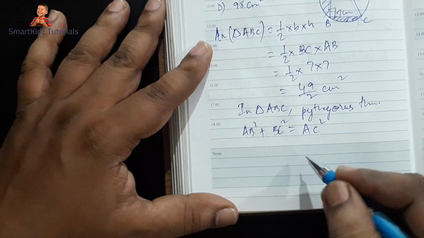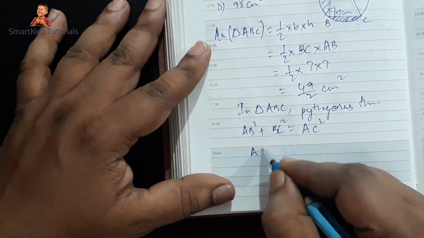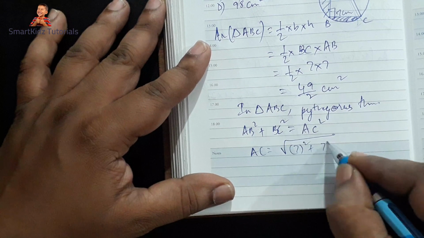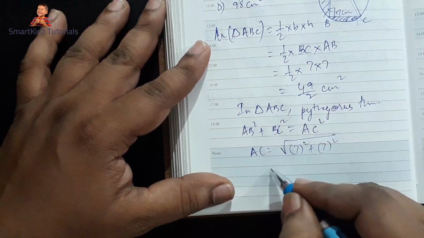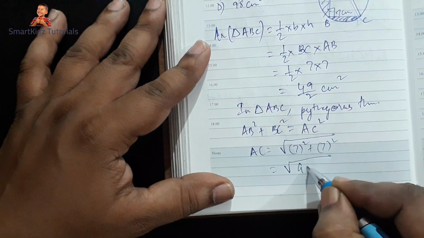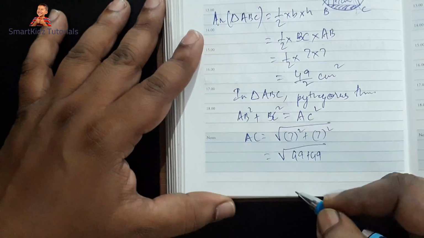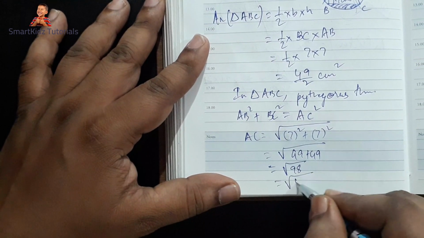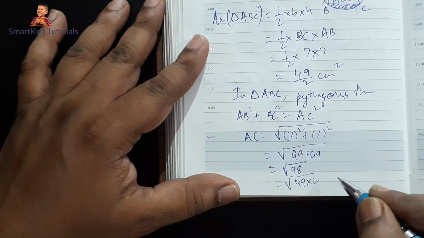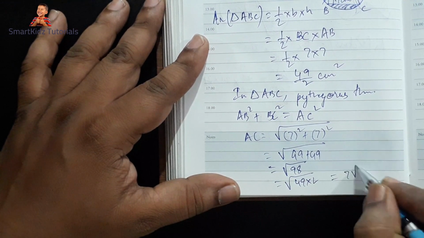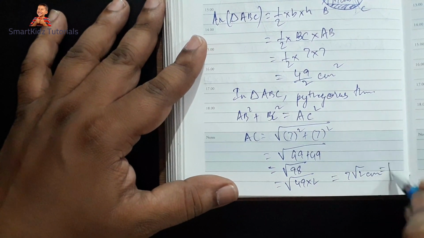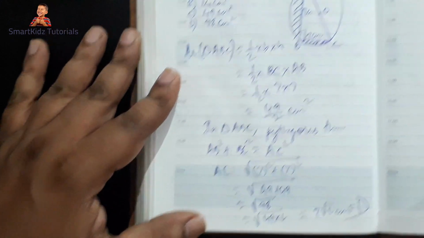So AC will become the hypotenuse. In other words, AC equal to square root of 7 whole square plus 7 whole square, because they are 7 each. That means 49 plus 49, and that will come to square root of 98. Now square root of 98 can be written as 49 into 2, and square root of 49 we know is 7. So 7 root 2 centimeter is the diameter.